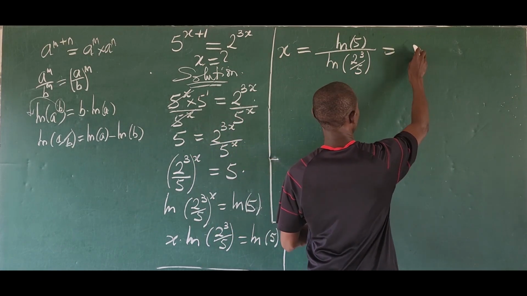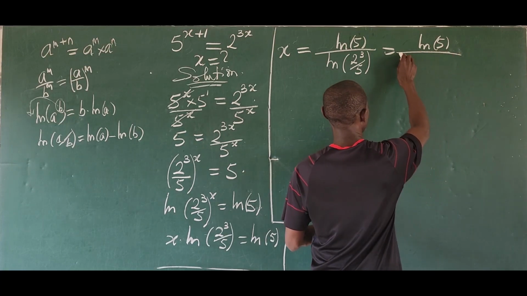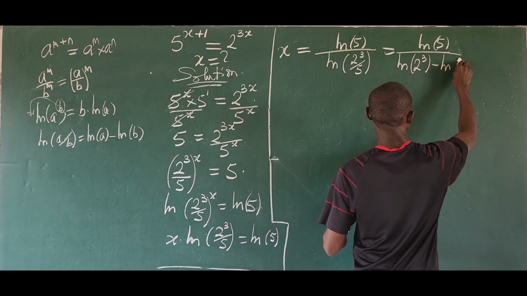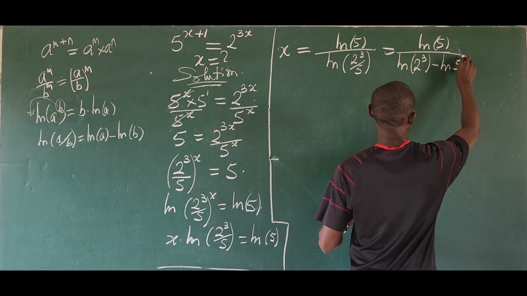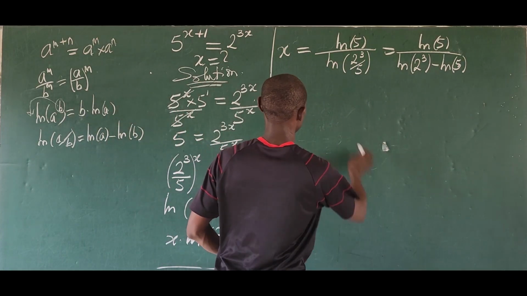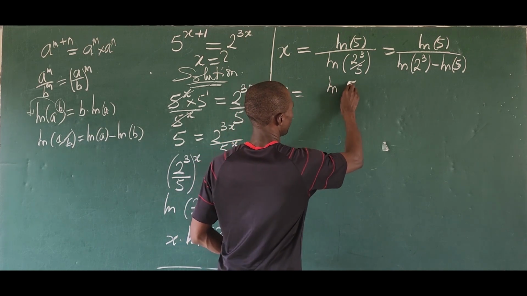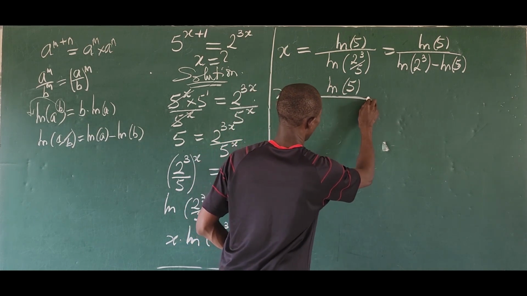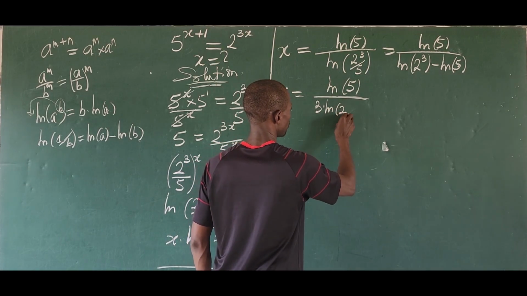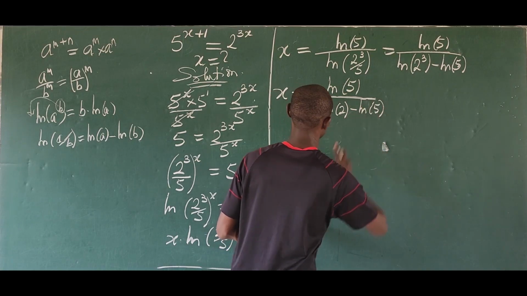So this is going to give us the ln of our 5 bracket all over the ln of 2 to the power of 3, then minus the ln of our 5 here. Okay, so applying the power law, our x will now be equal to the ln of 5 bracket all over 3 times the ln of our 2, then minus the ln of our 5 close bracket.